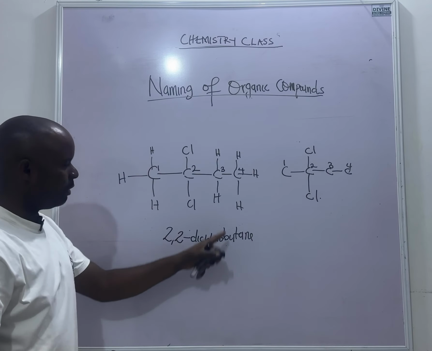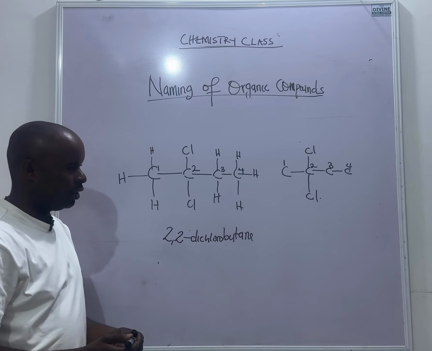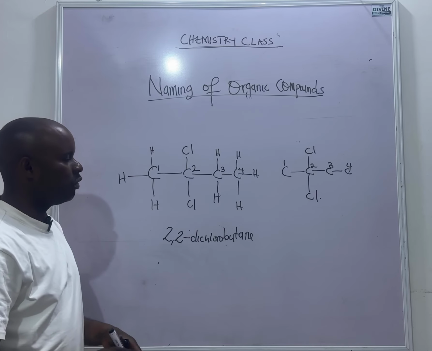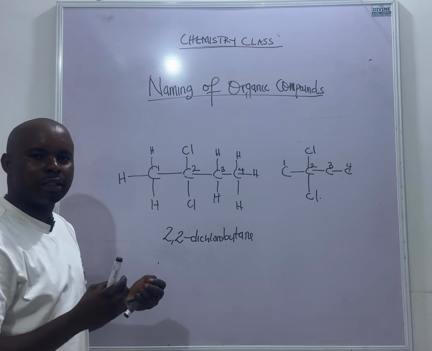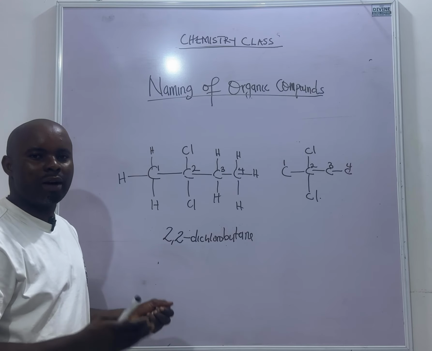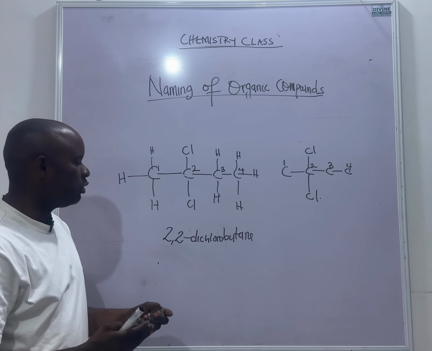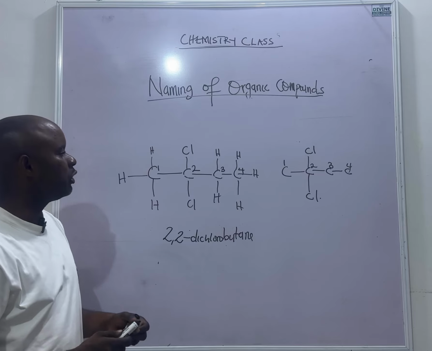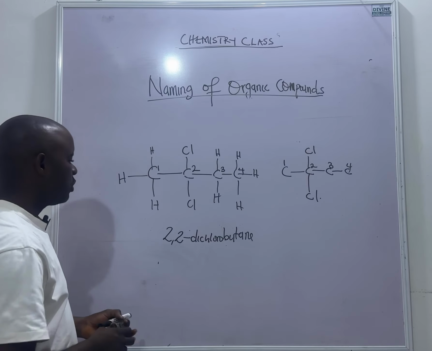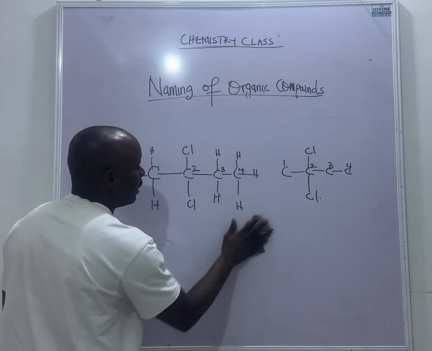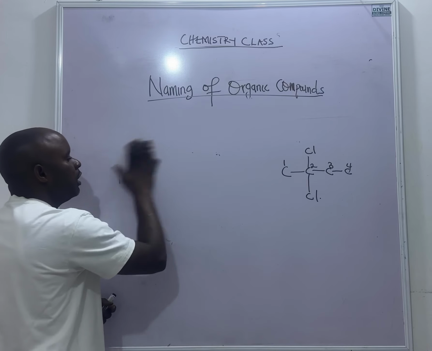So this gives us a better idea of naming organic compounds. If the same substituent appears more than once, we use di, tri to indicate their number on the compound. Now we are going to move directly to different examples.